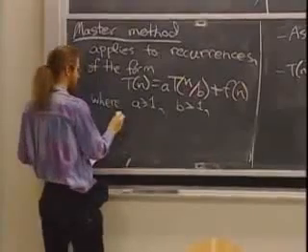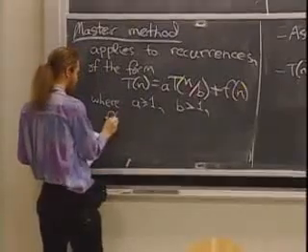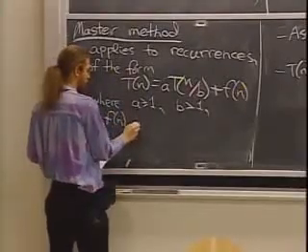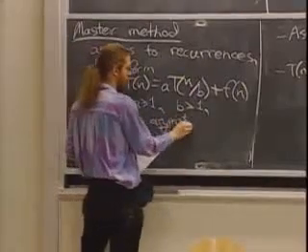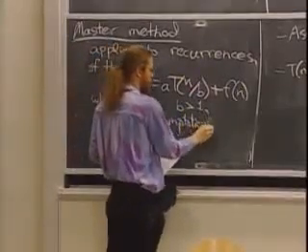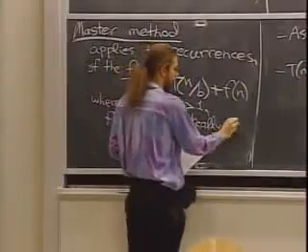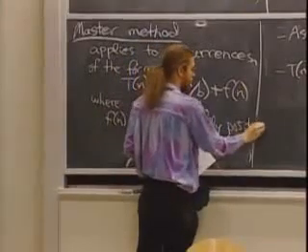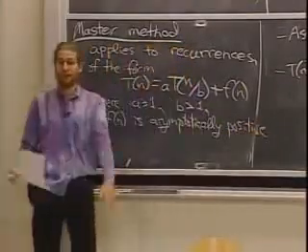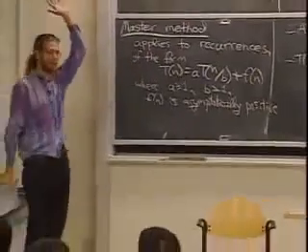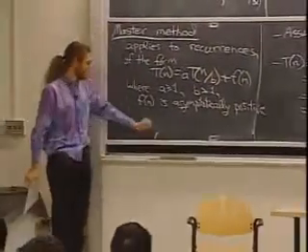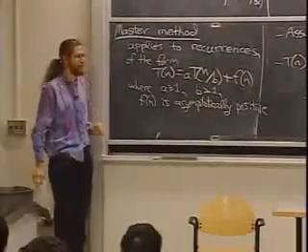And f should have some nice property. F of n should be asymptotically positive. So how many people know what asymptotically positive means? No one. Okay, you haven't read the textbook. That's okay. I haven't read it either, although don't tell Charles.